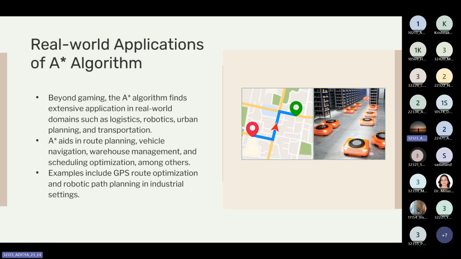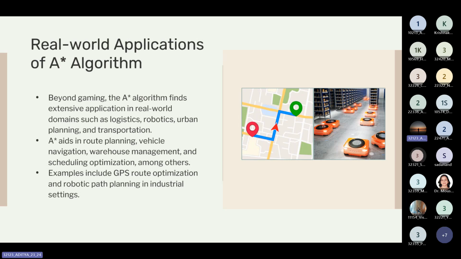How they do it is the warehouse is divided into a grid of cells, and the robots find their path from cell A to cell B using the A-star algorithm. And even if there is an obstruction in the way, the path gets updated in the robot system, and all the other robots are also notified of the obstruction, and the A-star algorithm finds a different optimal path to the new location. So the operation of the warehouse does not get halted, and money is saved, and time is saved.